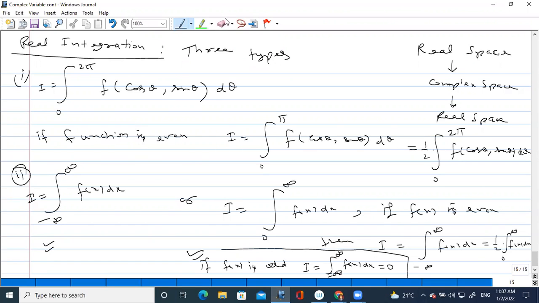Or you can say it is the third type only. Three types of problem you will face. Sorry, actually it will be twice. The integral from minus infinity to infinity of f(x) dx will be twice of that. Means if I want to convert, that will be opposite to that. So the integral from 0 to infinity of f(x) dx will be half of this much.